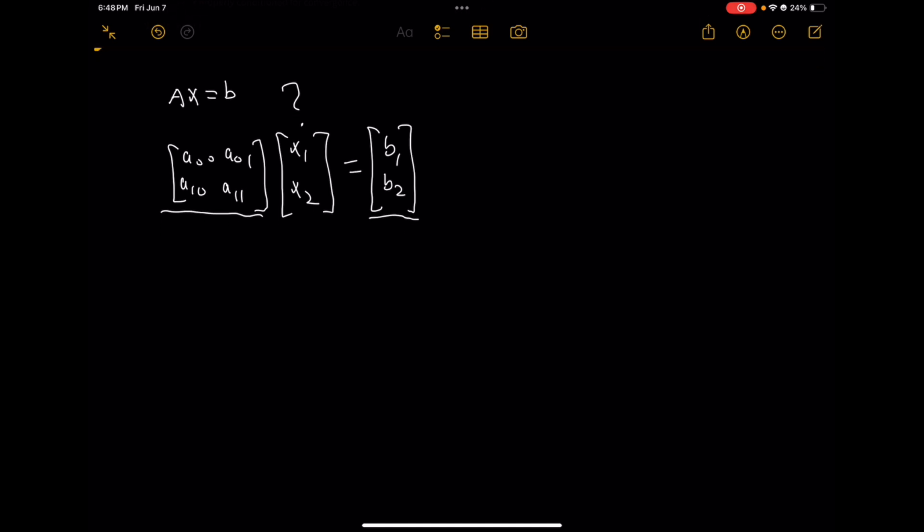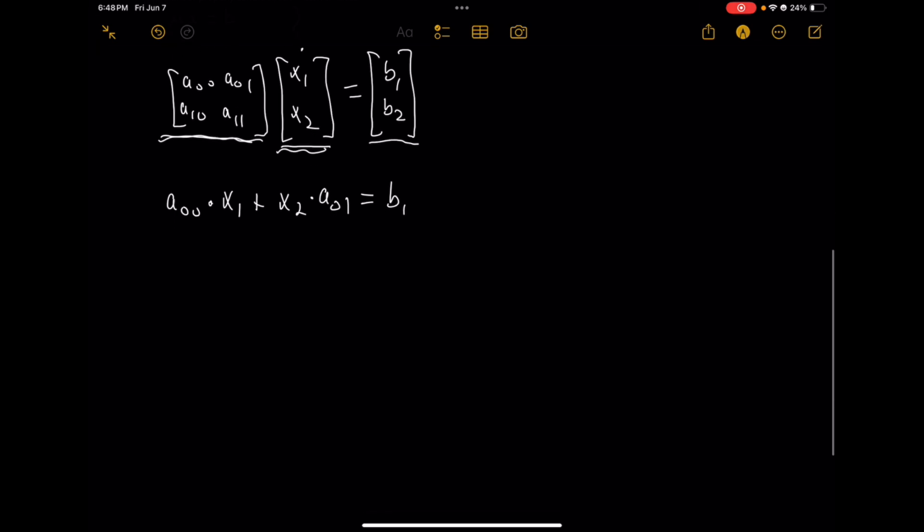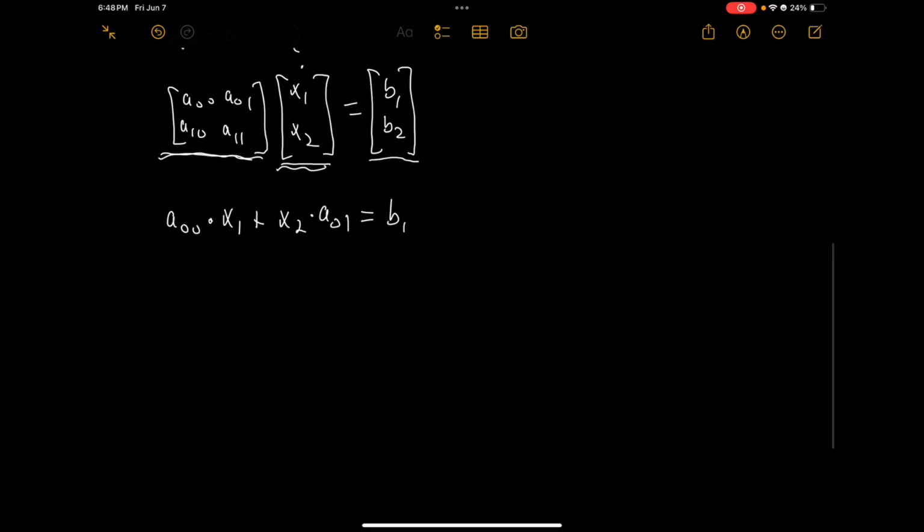So let's first write this out completely. If I take A0,0 times x1, so I'm just doing the dot product between this vector and this matrix, plus x2 times A0,1 equals B1. Our goal is to first solve for x sub 1.